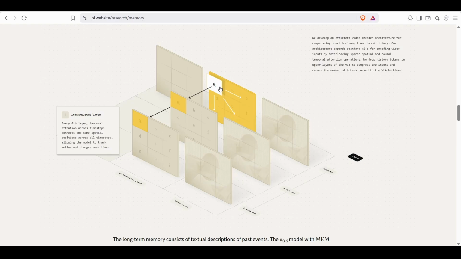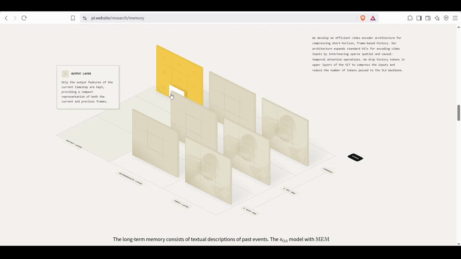So it first compresses temporally, all of the A's go to one A, and then spatially. It does this for every single one. All the B's get temporally compressed into this B, and then all the patches attend to each other spatially like normal. And then at the end, they discard the other two images they use.